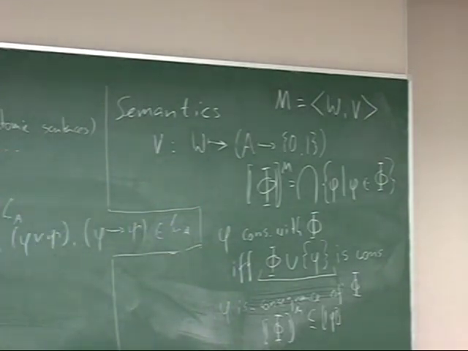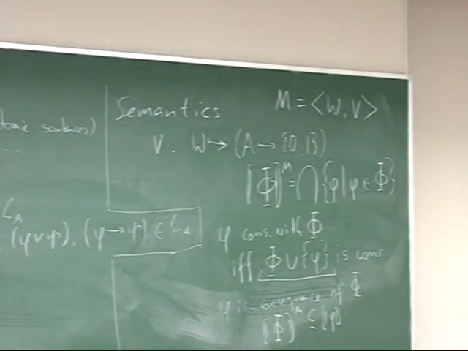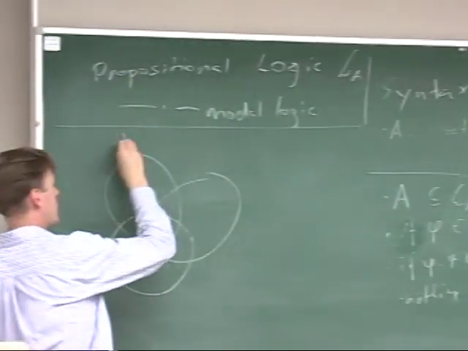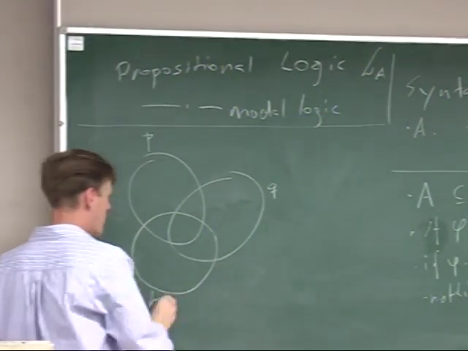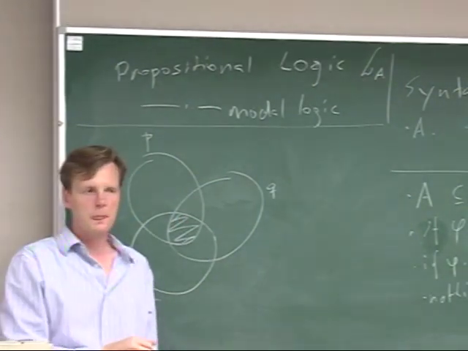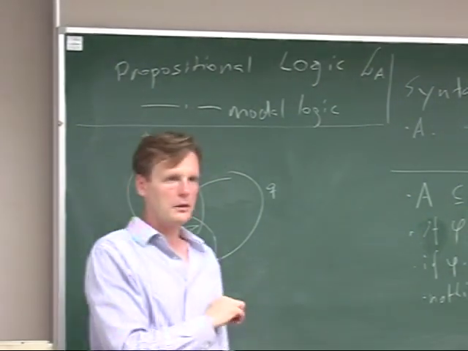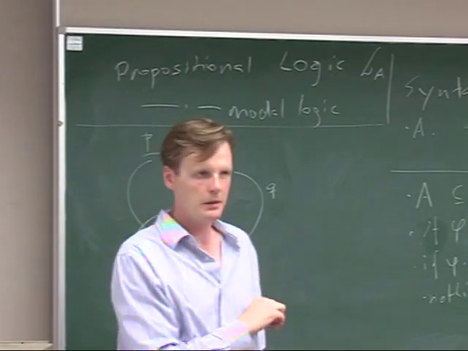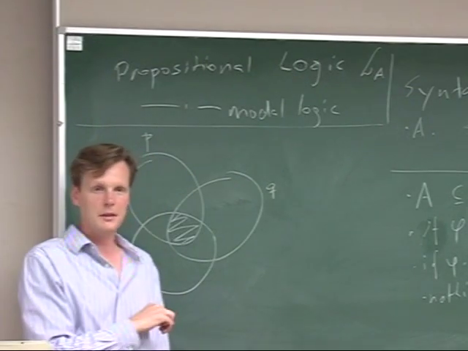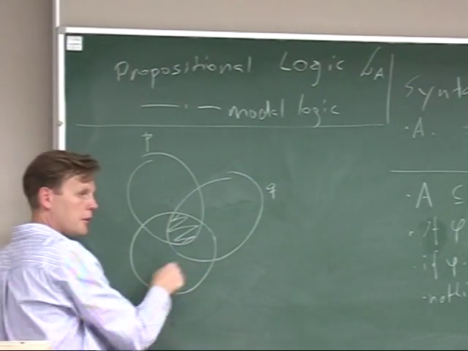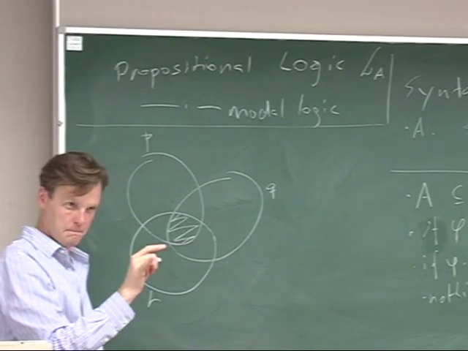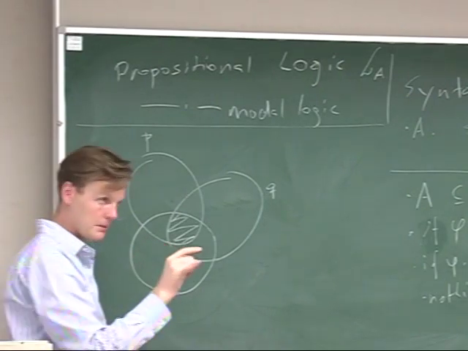That means, now talking in terms of these diagrams again, so we have P, Q, and R. We see there is a non-empty intersection. If this is the case, then the 3 are a consistent set of sentences. Okay? All of these things are sets of worlds. Are you following me?